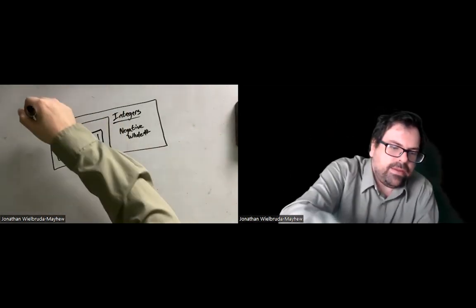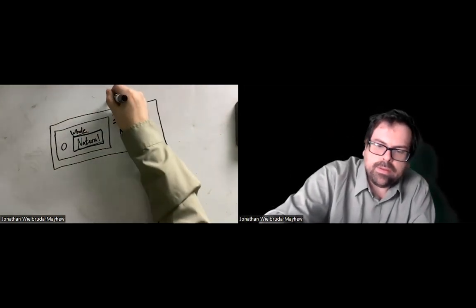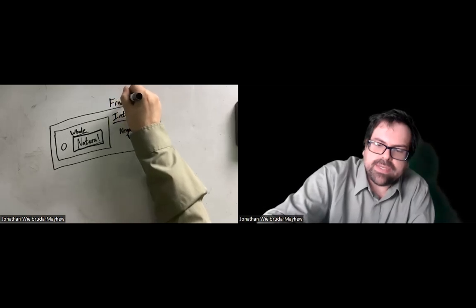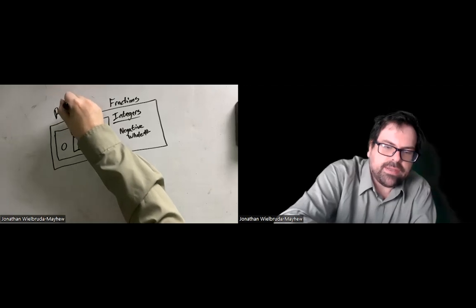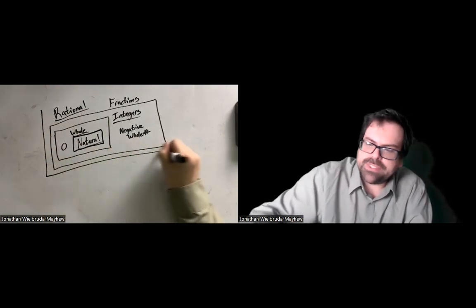Then we added in things that can be written as fractions, and that gave us the rational numbers.